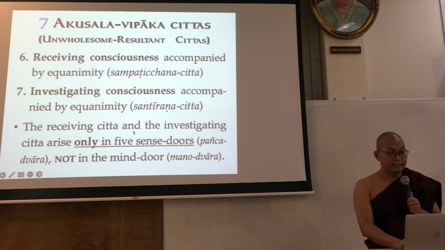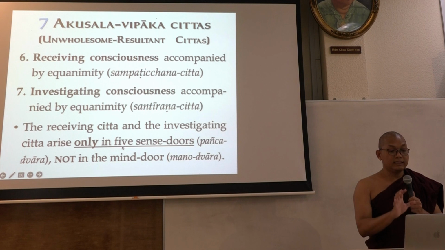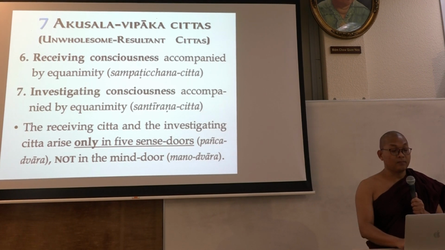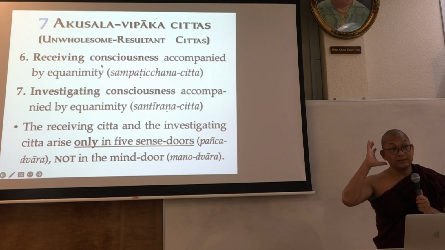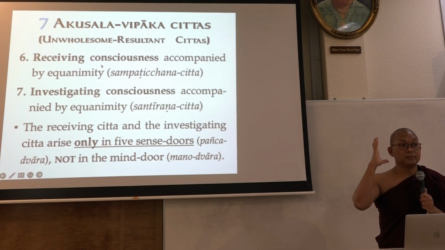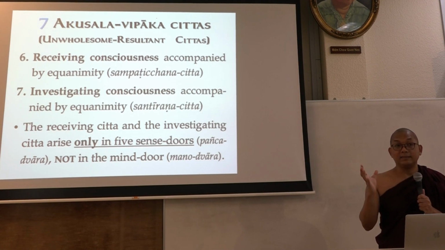The receiving chetas and investigating chetas arise only in the 5 physical doors, 5 sense doors, not in the mind door. In the mind door, there is no receiving consciousness, and the mind does not need to investigate.